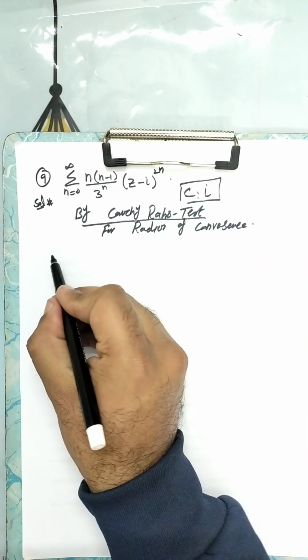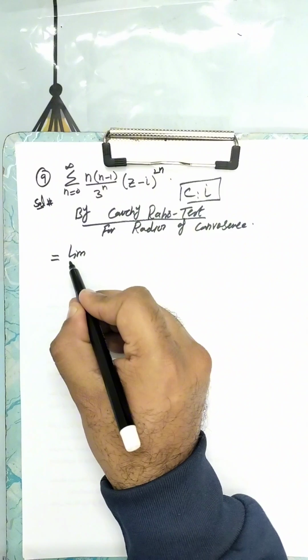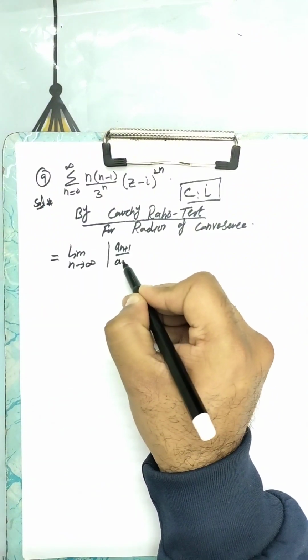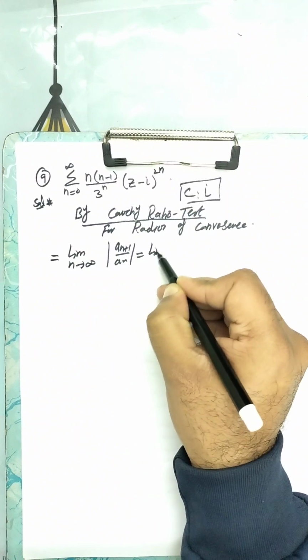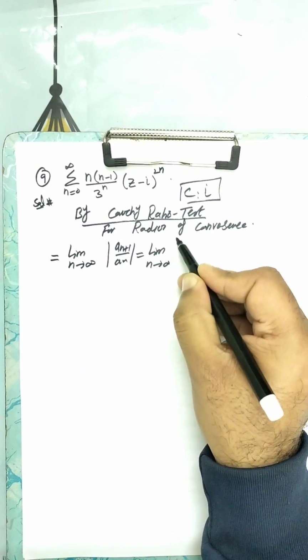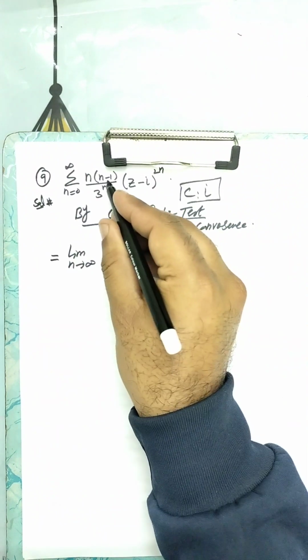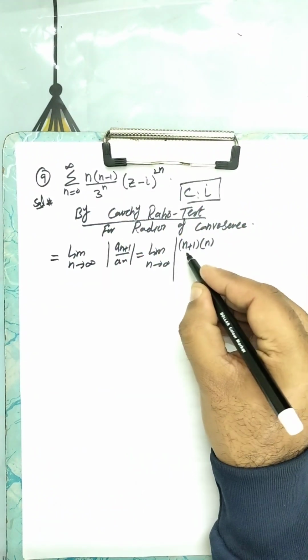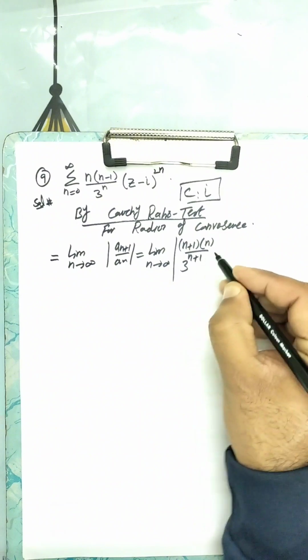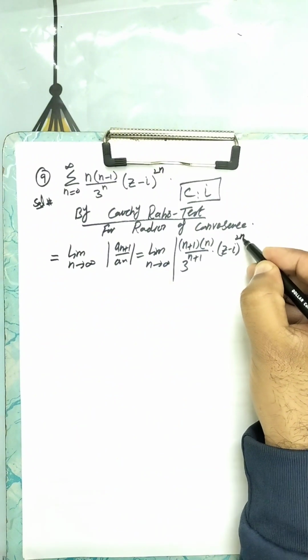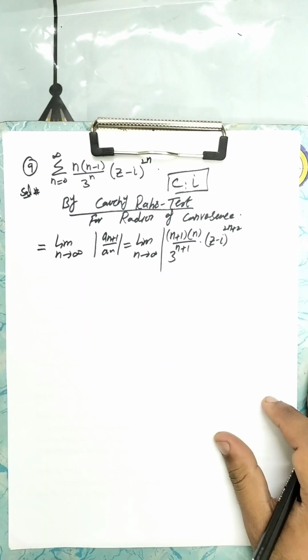So again we check the limit as n approaches infinity of a n plus 1 over a n, and this is equal to the limit as n approaches infinity. What is a n plus 1? So a n plus 1 is n plus 1 minus 1, this is n, over 3 power n plus 1, dot (z minus iota) power 2n plus 2.